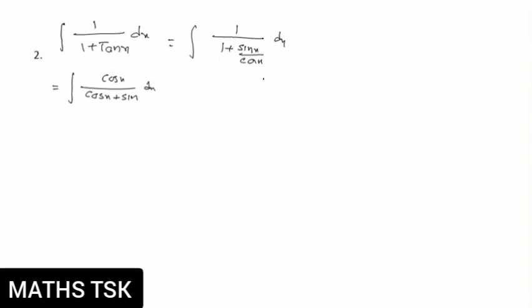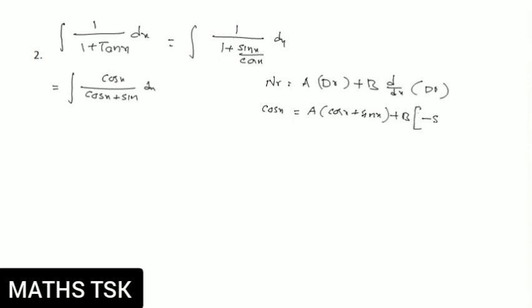What is numerator? So formula, numerator is equal to a into denominator plus b into d by dx of denominator. Numerator is cos x, denominator is cos x plus sin x, plus b into derivative of denominator, minus sin x plus cos x.